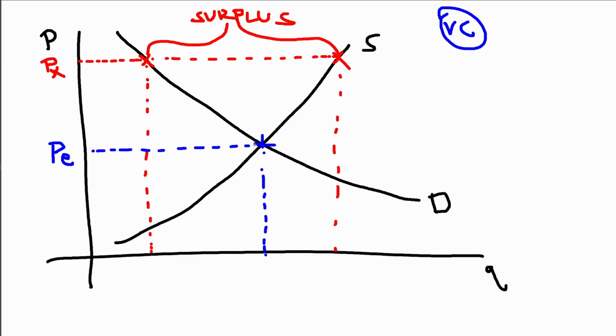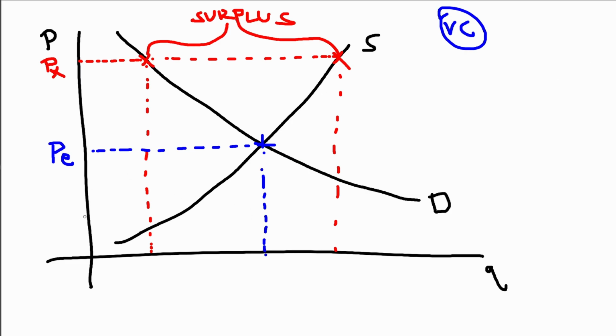The amount of video cards people demand equals the amount that suppliers are willing to supply at that price. And so the goods will flow nicely. People will keep demanding them. They'll match the supply and demand. And for the most part, people will probably be happy, I guess. So that's a pretty good spot.